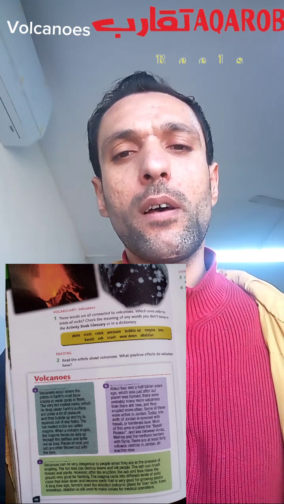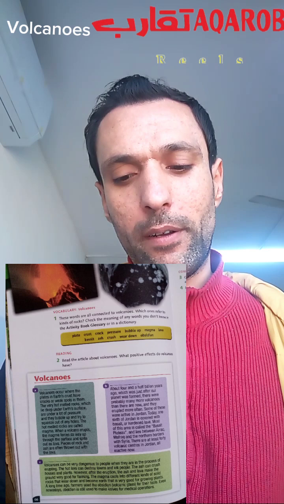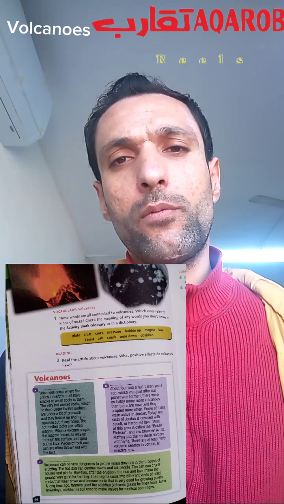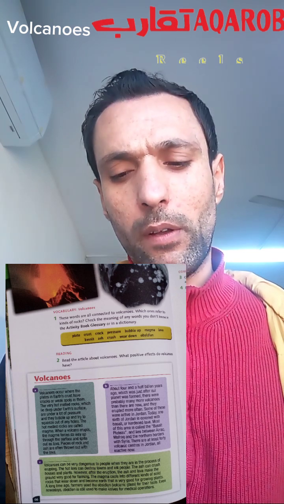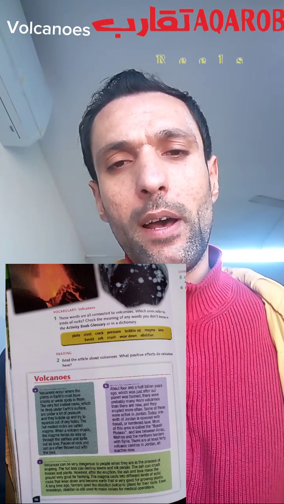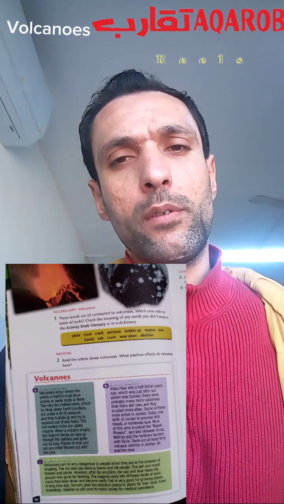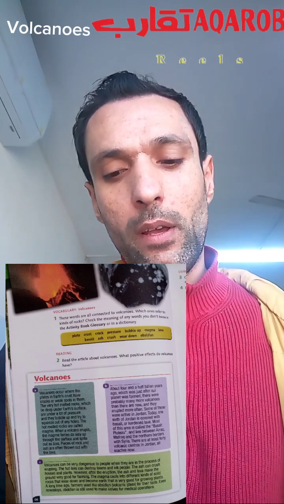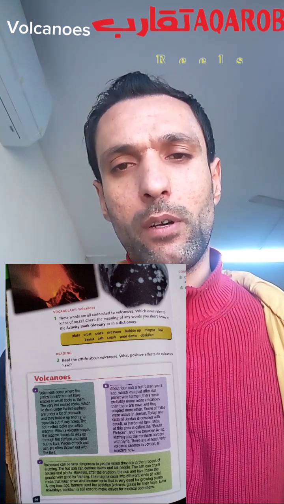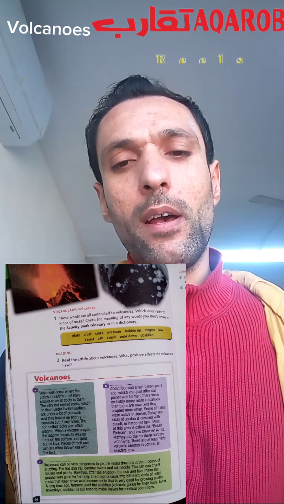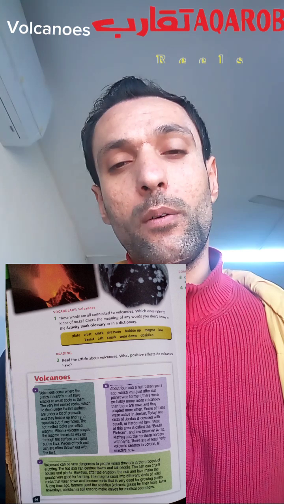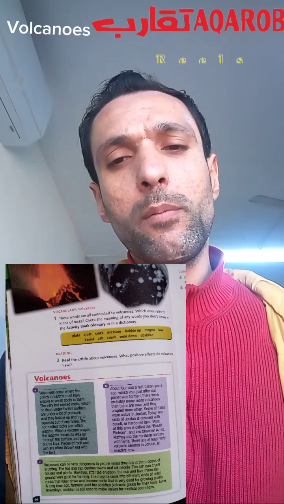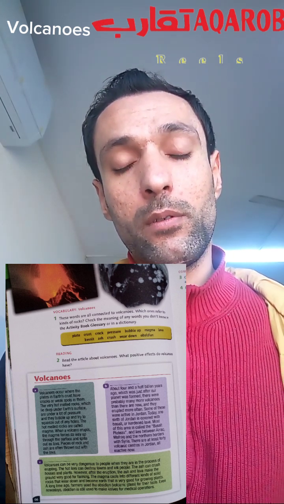So magma inside, lava outside. Of course, the northern border of Jordan, which is very close to Syria, Azraq and Mafraq, are covered with basalt, or what we call hardened lava. That means Jordan was an active place for volcanoes, right?